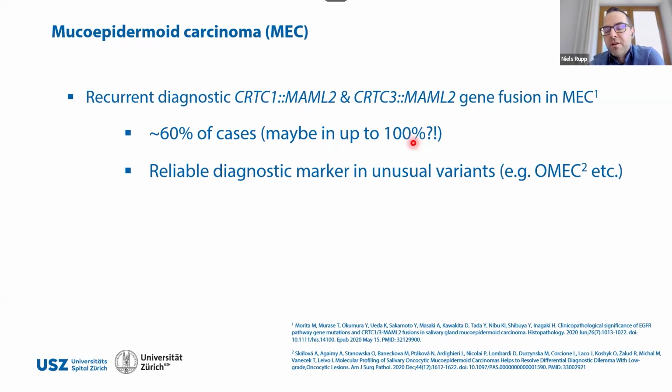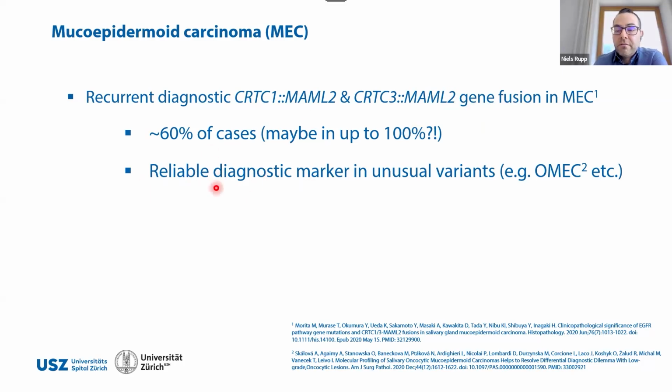So for cases which do not harbor these fusions, you have to question if these are real mucoepidermoid carcinomas, because in my experience, really almost all of the cases do show one of these two fusions. So this is a very good and reliable tool to corroborate the diagnosis of mucoepidermoid carcinoma.